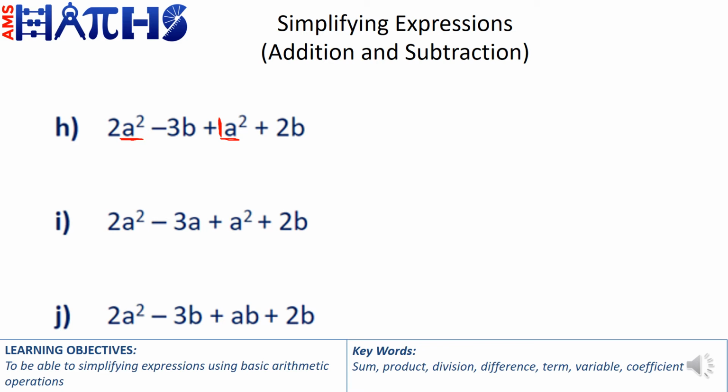So the name of the terms is a squared, and then the coefficient or the number in front will tell you how many of them we have. So we have 2a squared plus 1a squared, which should give us 3a squared.